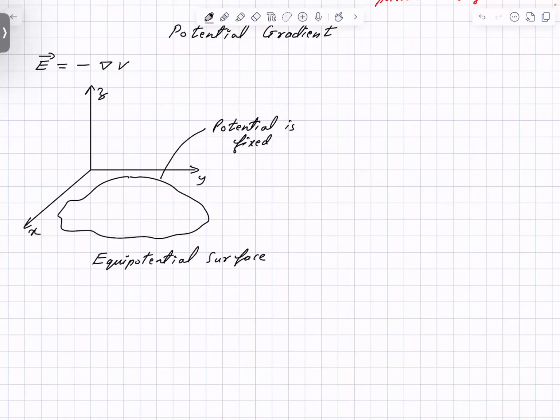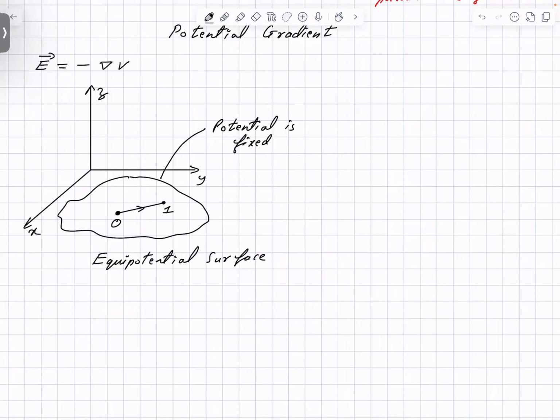Let's say we are at a point, we'll call this point 0, and we consider a small displacement so that we reach point 1. From point 0, we are now getting to point 1.